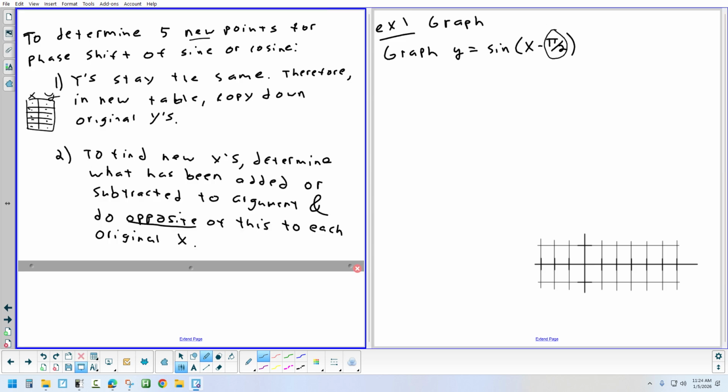So that's why when I write step 2, I say to look at what's been added or subtracted. In this case, we're subtracting pi over 2. But we know they all have to move to the right. Well, the only way they can move to the right is if you add something to them. So you always have to do the opposite.